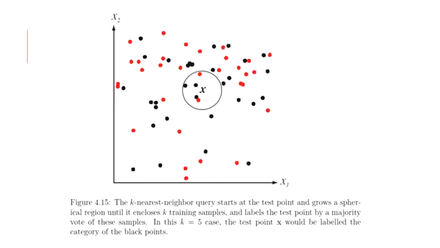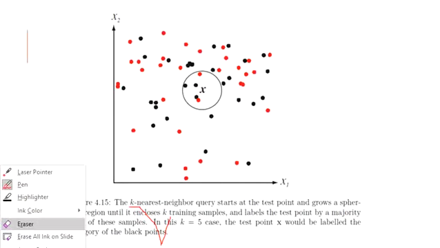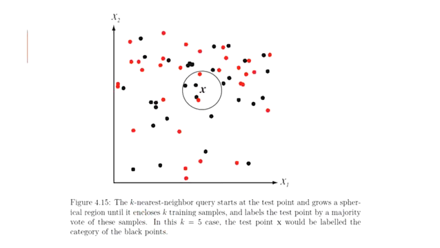But what is the significance of K? One question is how many or which elements to consider when we are considering the smallest distance. So K signifies the number of neighbors or the number of elements you will consider while you're considering the closeness or similarity.